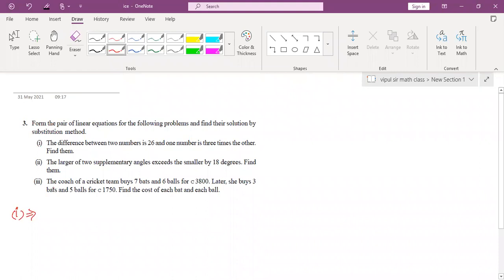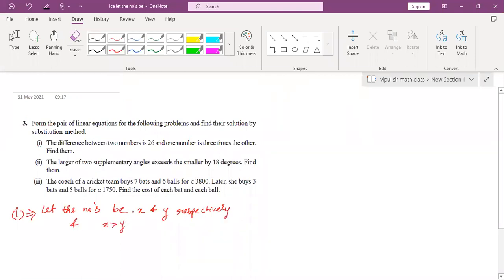The difference of two numbers is 26 and one number is 3 times the other. So there are two numbers. Let the numbers be x and y respectively, and x is greater than y.